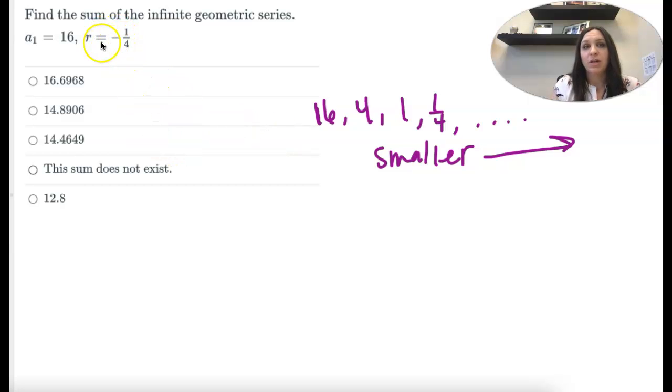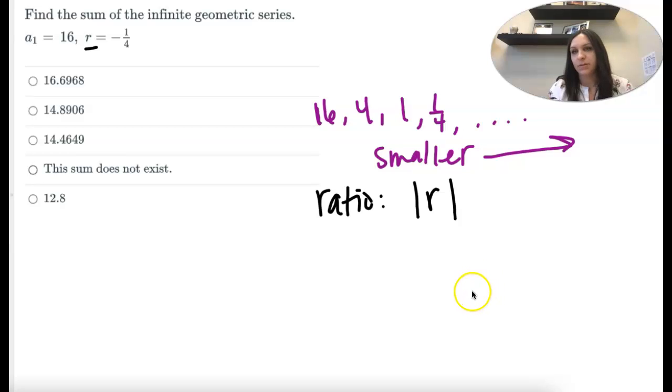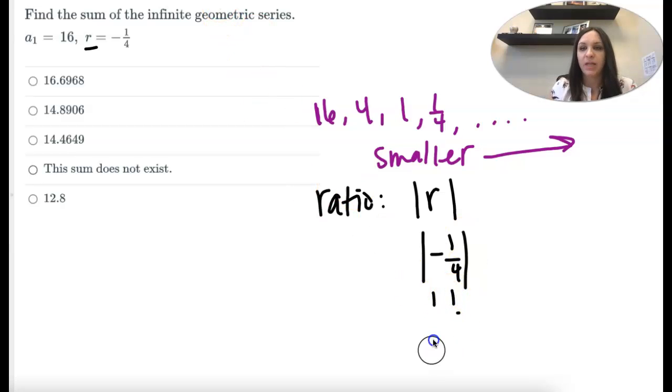But the first thing we want to do is look at the ratio. If we look at a ratio, we take the absolute value of that. So positive or negative. So for example, ours is -1/4. So we're just going to look at positive 1/4. The absolute value just makes everything positive.